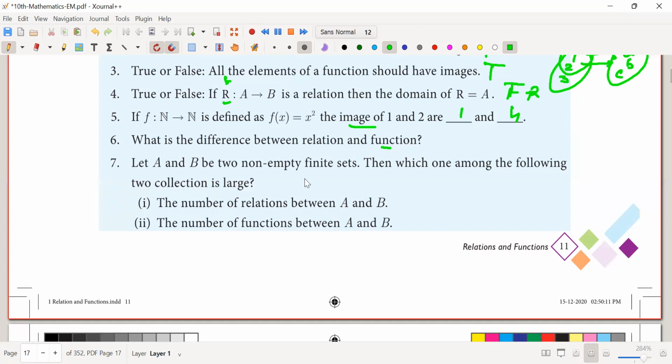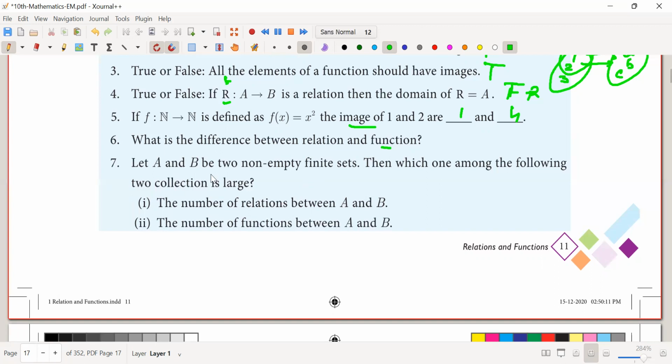For Cartesian, all kinds of ordered pairs are included, so Cartesian is the universal set. It contains all the ordered pairs. From that, some are related, and in relation, again, some are functions.